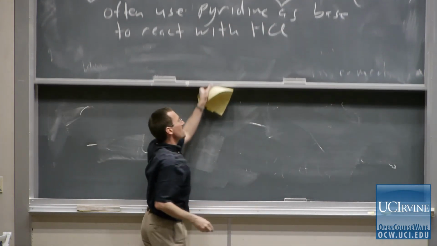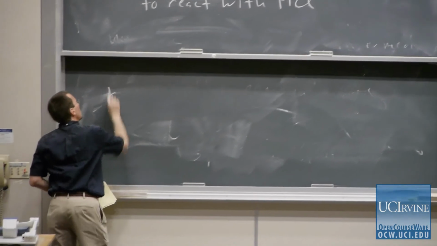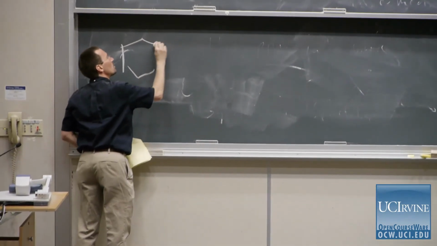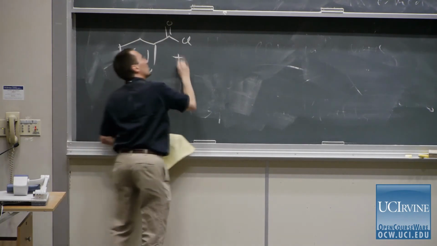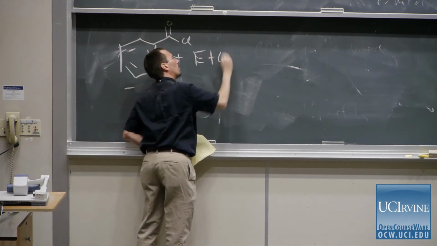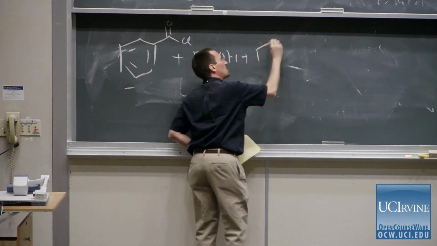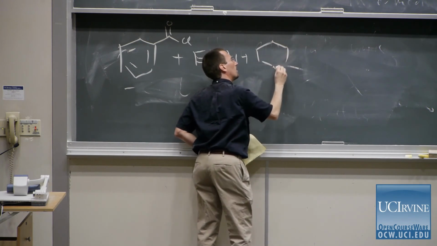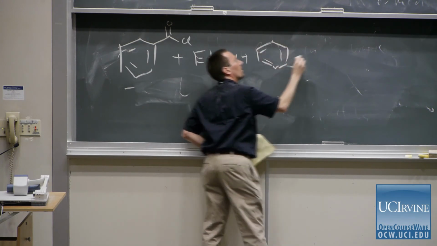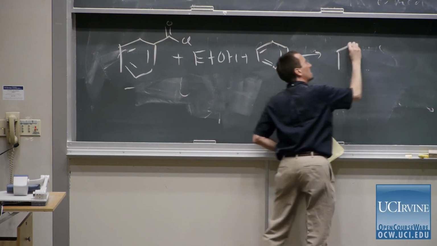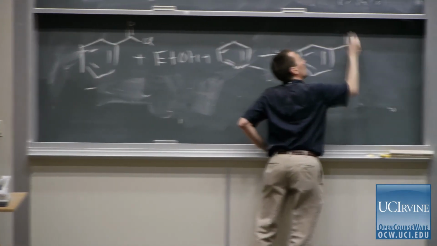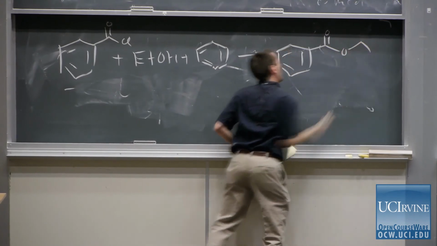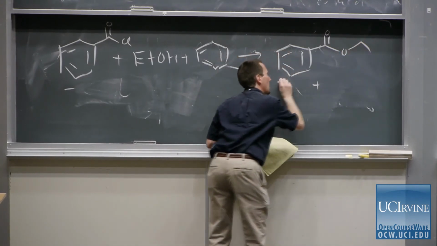So just for the sake of writing a balanced equation, if I take my benzoyl chloride plus ethanol plus pyridine, I'm going to go ahead and get ethyl benzoate plus pyridinium hydrochloride.